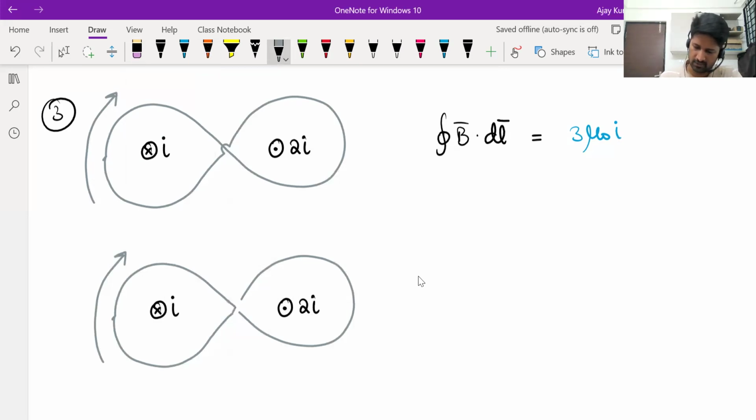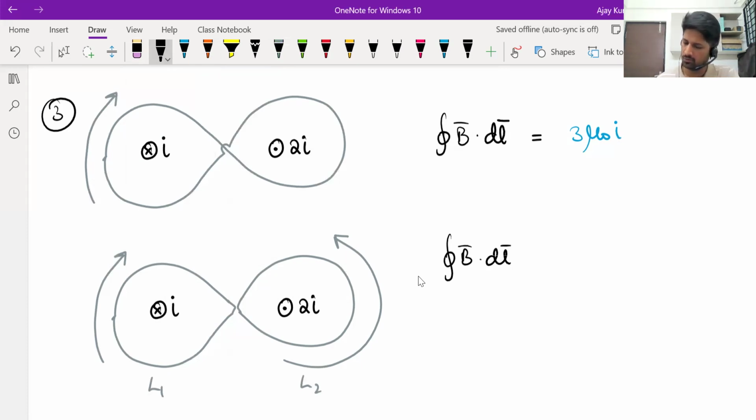So what you're saying is we'll take this as one loop and we'll take this as another loop. Here we are going this way and here we'll be going this way. Let's call them loop 1 and loop 2. So tell me, what will be closed integral B dot dl for loop 1?